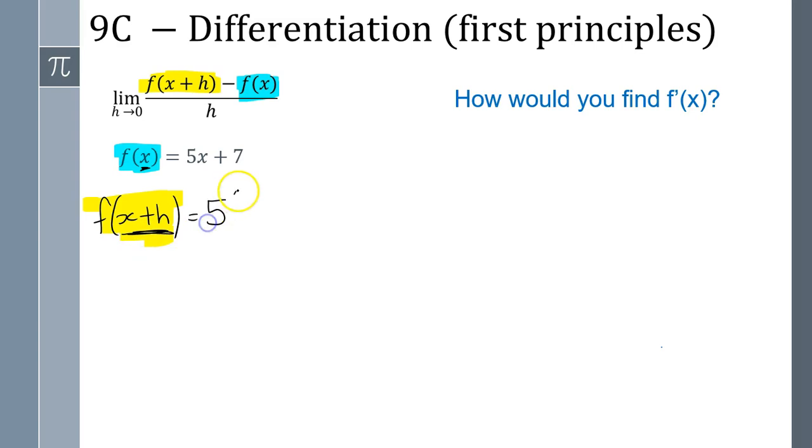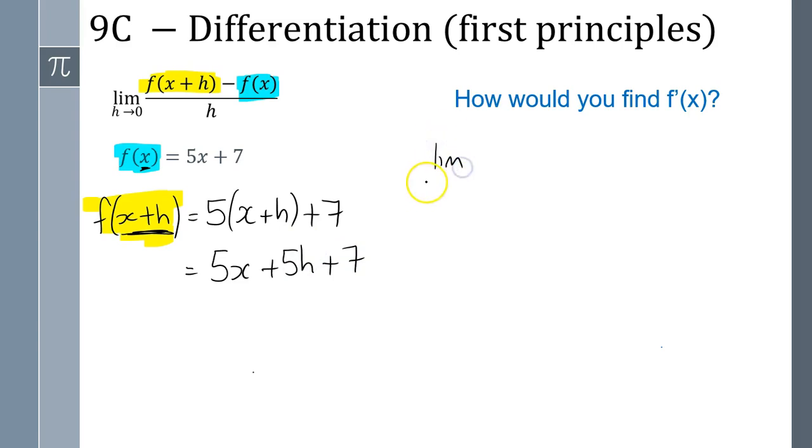So it's going to be 5 times x plus h, plus 7. And I'm going to expand that out and collect like terms, which in this case there are none. Okay, and then I'm going to pop it all together. So the limit as h approaches 0, and we'll talk about that in a minute. So f of x plus h is 5x plus 5h plus 7.